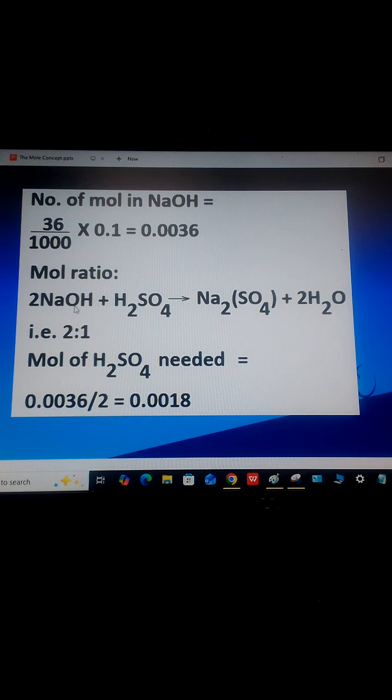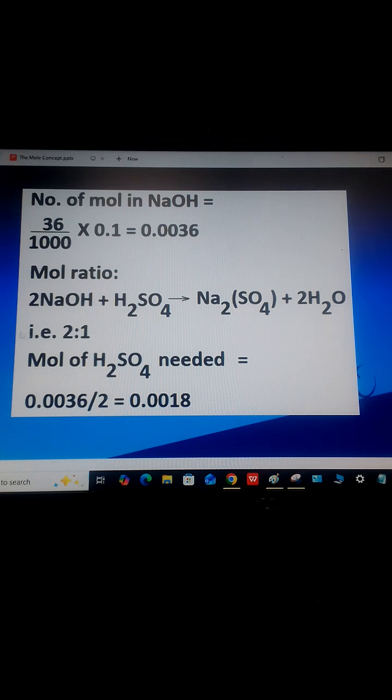Next, you write a balanced chemical equation between sodium hydroxide and sulfuric acid. So you get sodium sulfate and water. Now from this equation, we can see that the mole ratio is 2 to 1. 2 moles of sodium hydroxide react with 1 mole of sulfuric acid.